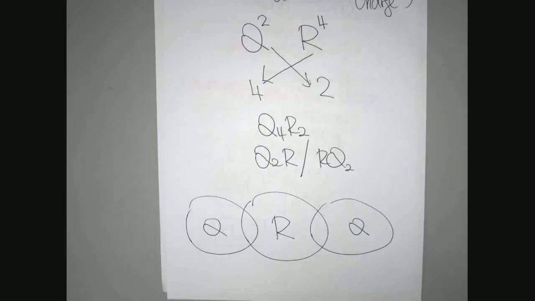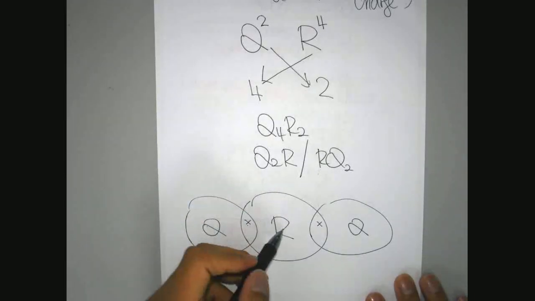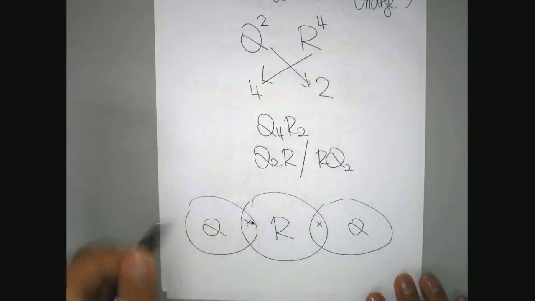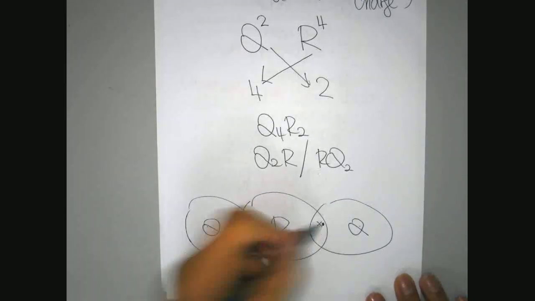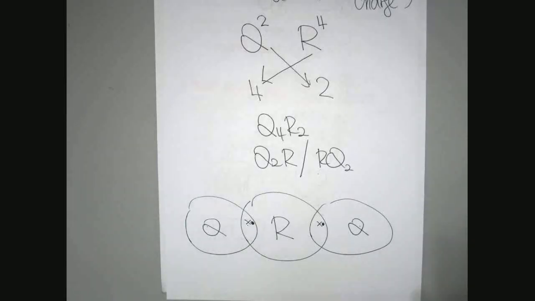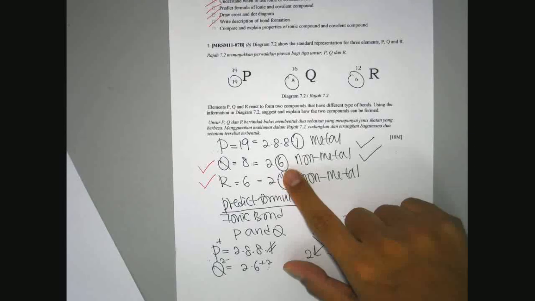And then we do the same thing. We try to share 1 electron first. If the Q shares 1 electron, the R will also share 1. So we fill in all the remaining electrons. If you look back to just now, the Q has 6 outer electrons.